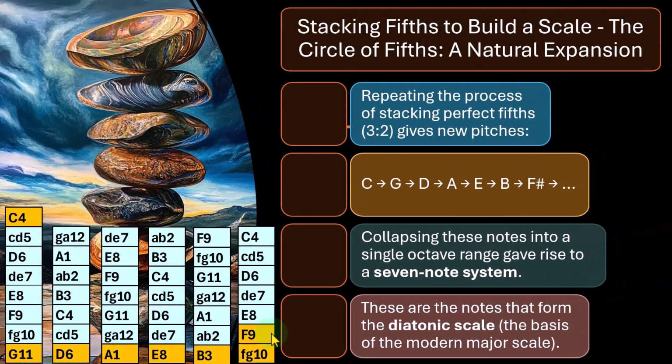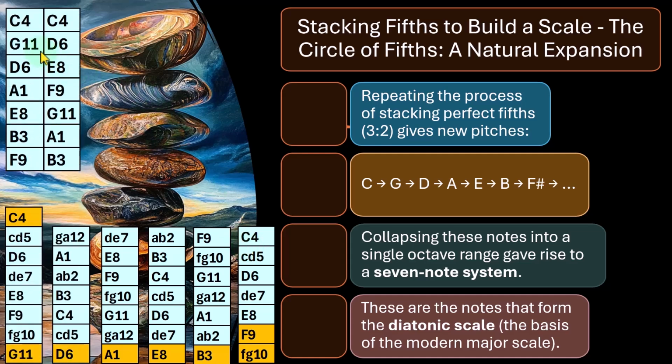So if we take all of these notes, that spans multiple octaves, going through C to C, another octave, and so on. But if we squish them all into one octave and put them in order, then you get our 7 notes: C, D, E, F, G, A, B. And of course, the F sharp is the funny one that they're going to tinker with later once we do the 12 notes.